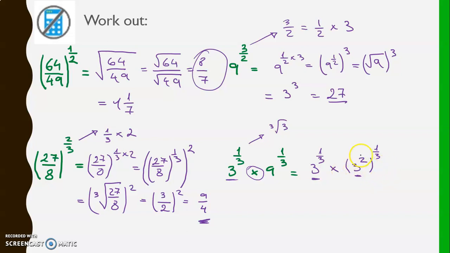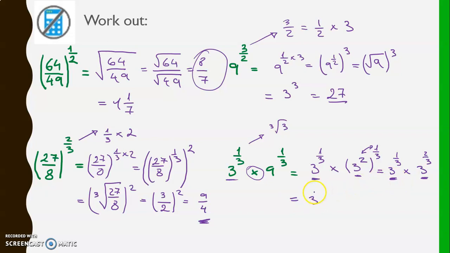This can be simplified to 3 to the power of 1/3 times 2 lots of 1/3. So this is a power of a power, so we can multiply these two. That's 3 to the power of 2/3. But now we have multiplication and two numerical expressions that have the same exact base, so we can add the powers.